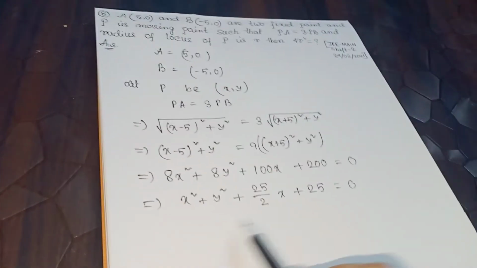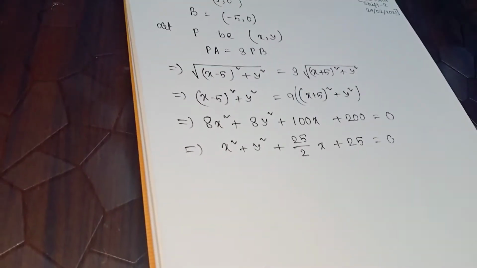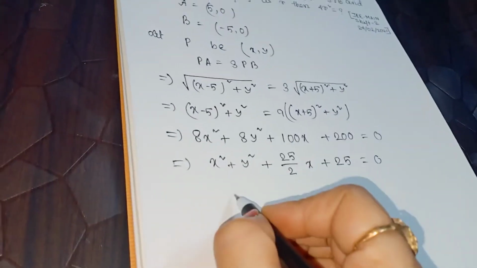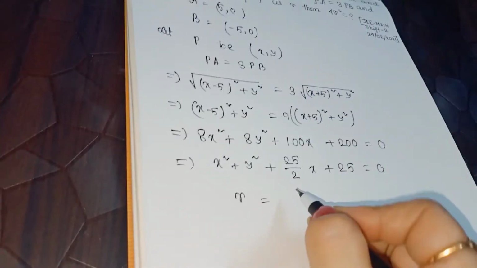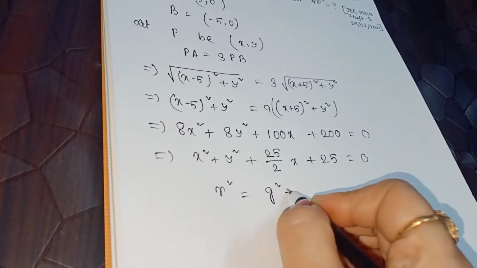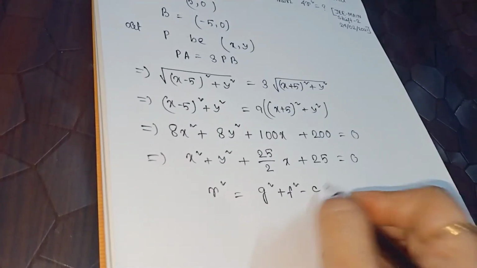Now the radius of the locus of P is R. So from the equation we got, it is the equation of a circle. So here is the radius, R square is equal to g square plus f square minus c.